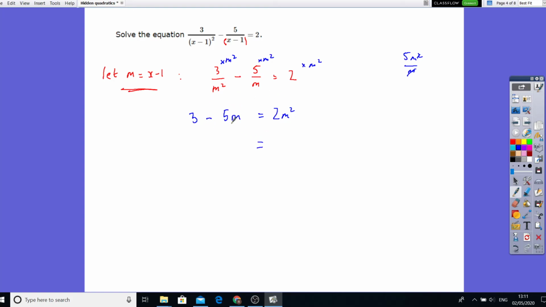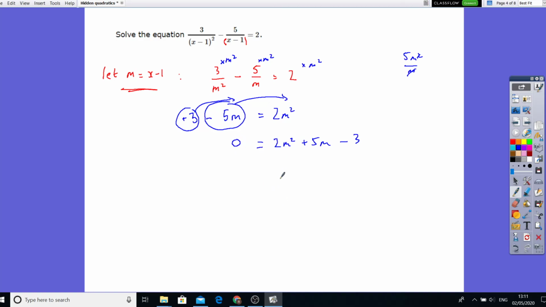The opposite of minus 5m is plus 5m, so I'm going to end up with 2m squared plus 5m, because I've taken that to the opposite side by doing the inverse. And likewise, this is a positive 3. Take it to the other side, becomes a negative 3. And that's going to equal 0.